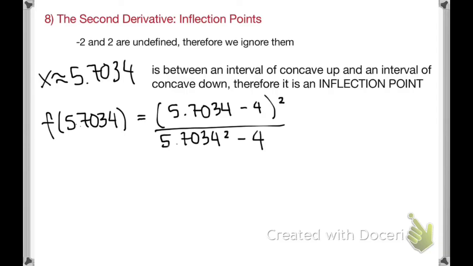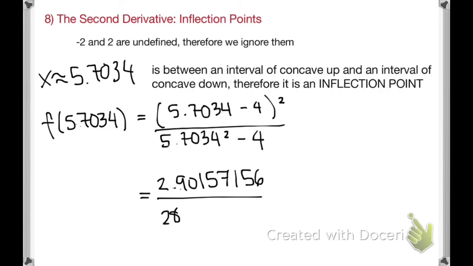And when we evaluate that, we get a number slightly larger than 2.9 over a number that's slightly larger than 28.5. And when we evaluate that, we get a number around 0.1 as our y value, corresponding to this x value.